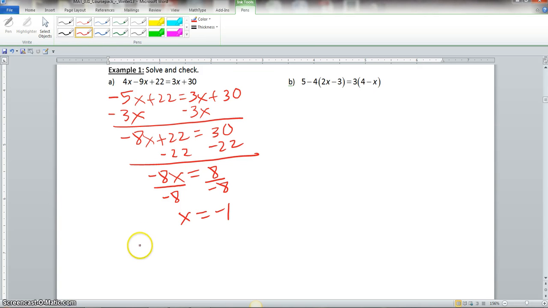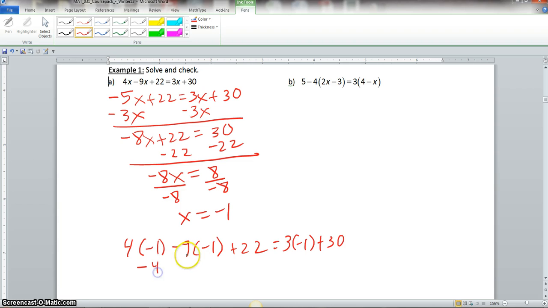Okay, so I would take the original problem, but wherever x is, I would substitute in negative 1. Okay, so now we have 4 times negative 1, which is negative 4. A minus 9 times a negative 1 will give you positive 9 plus 22.